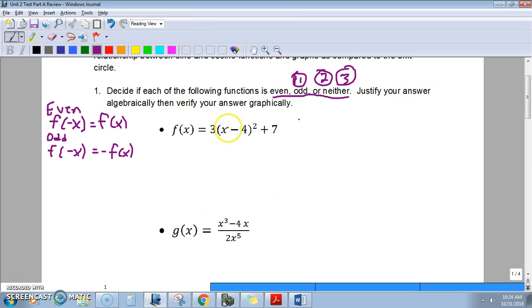What we have to do to figure out if it is even or odd algebraically is a little bit tougher. So first of all, we need to simplify f of x.